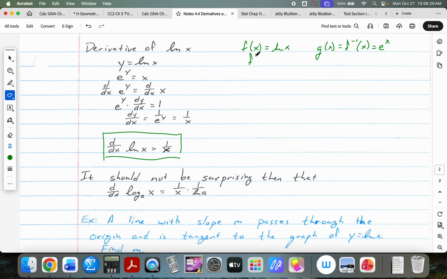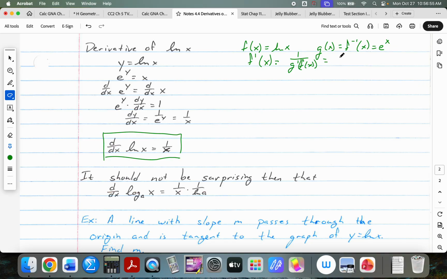So then, by the derivative rule for inverse functions, f prime of x is going to be equal to 1 over g prime of f of x. Right? That's the derivative rule for inverse functions. That hopefully looks familiar to everybody.